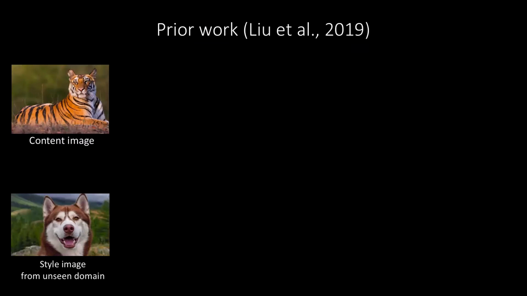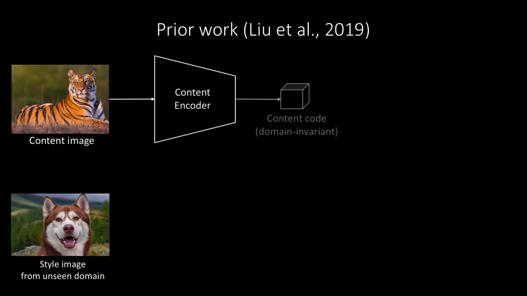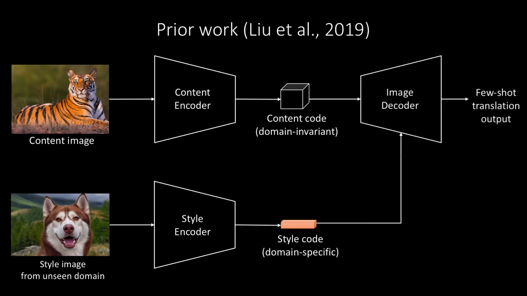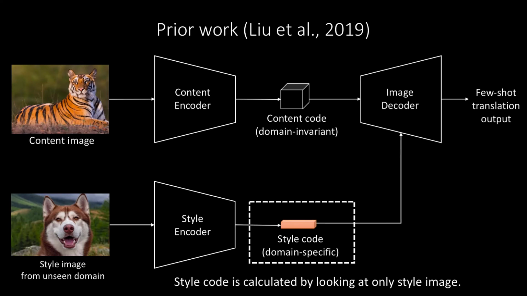The prior work extracted content code and style code independently. Then the image is generated by adding the style code to content code. However, the style code is calculated without taking account for the content image, and we hypothesize that this is the cause of the content loss problem and propose a new architecture design.